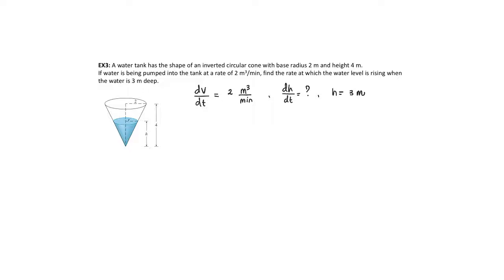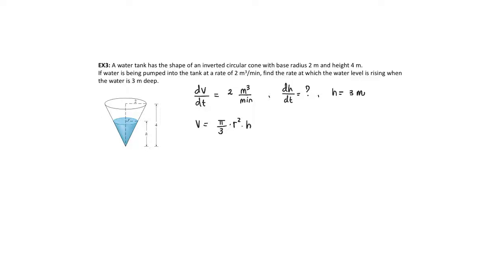All right, so what is the relation going on here? Volume. The volume of a cone is equal to pi over 3 times r squared times the height. Here, it is important to realize that the radius is changing with time and also the height is changing with time.